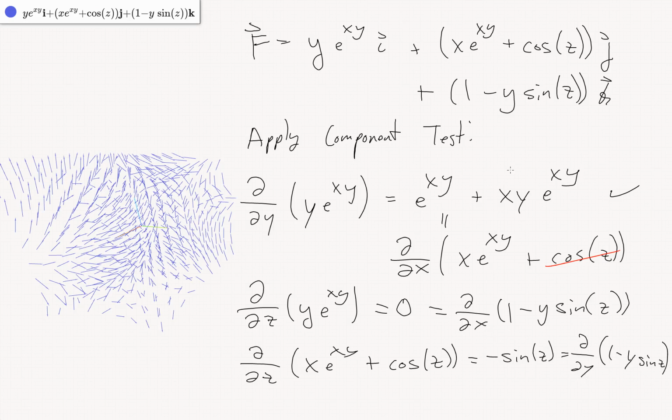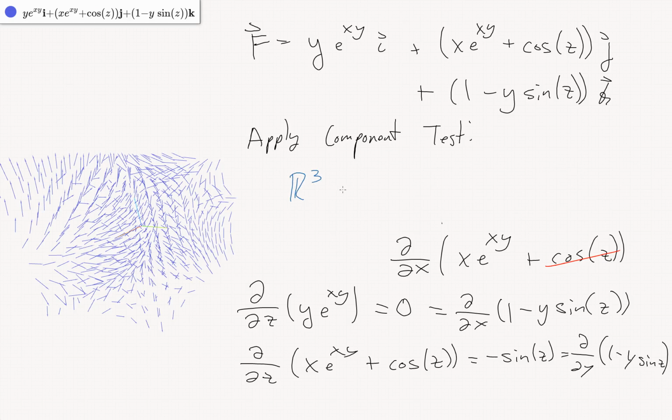So this passes the component test, and then since R3 is simply connected, this is sufficient to show that F is conservative.